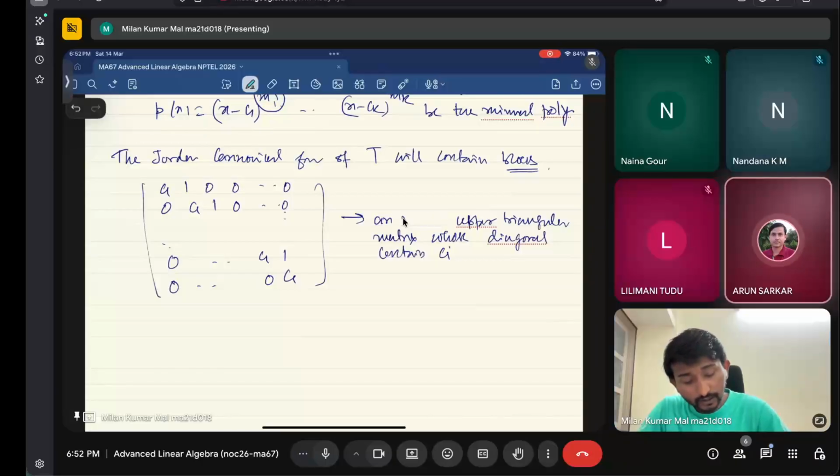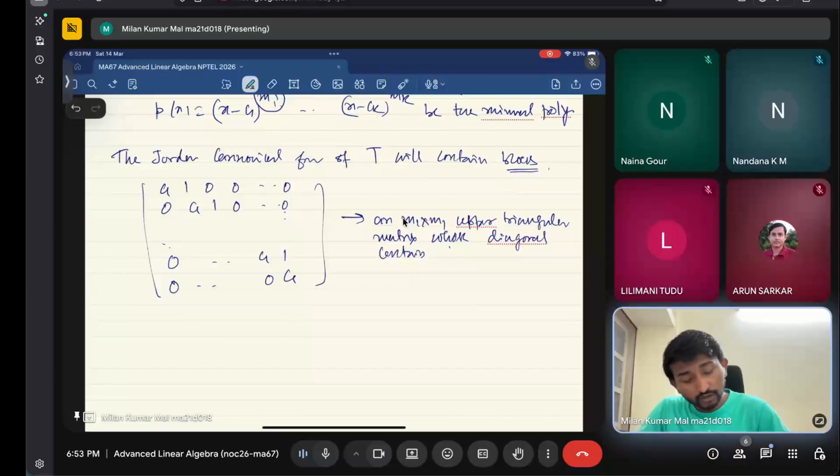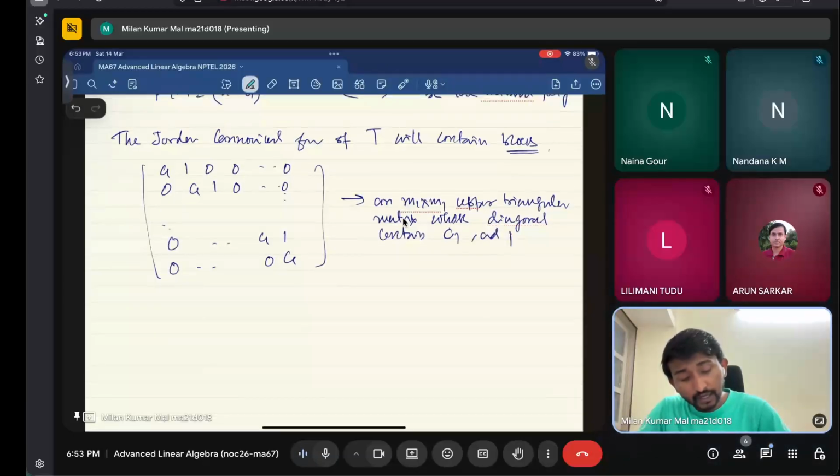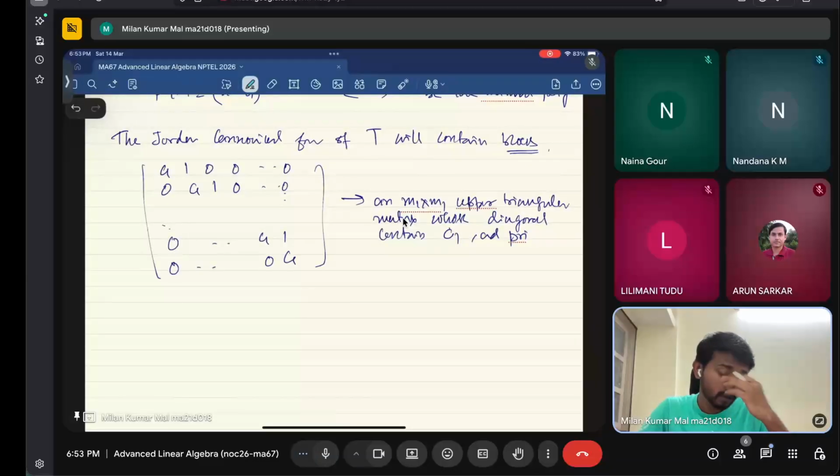Similarly, the other blocks contain c1 on the diagonal, and the principal super diagonal.